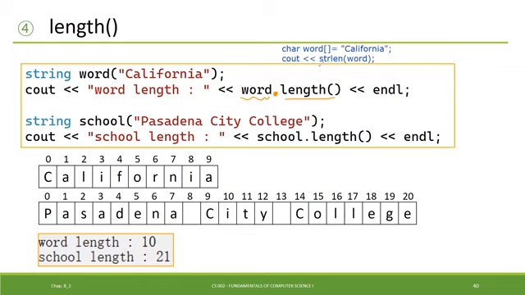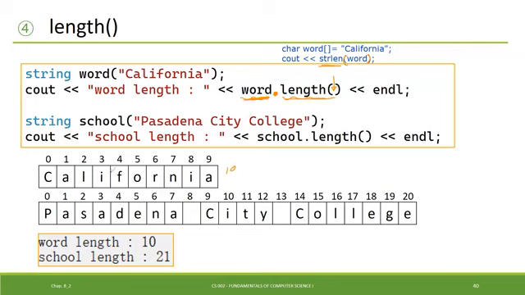So the strlen function is applied to this string. And this is the string object dot member function length. It is empty, nothing. Then the computer will count how many letters are in the word. California is 10 letters.